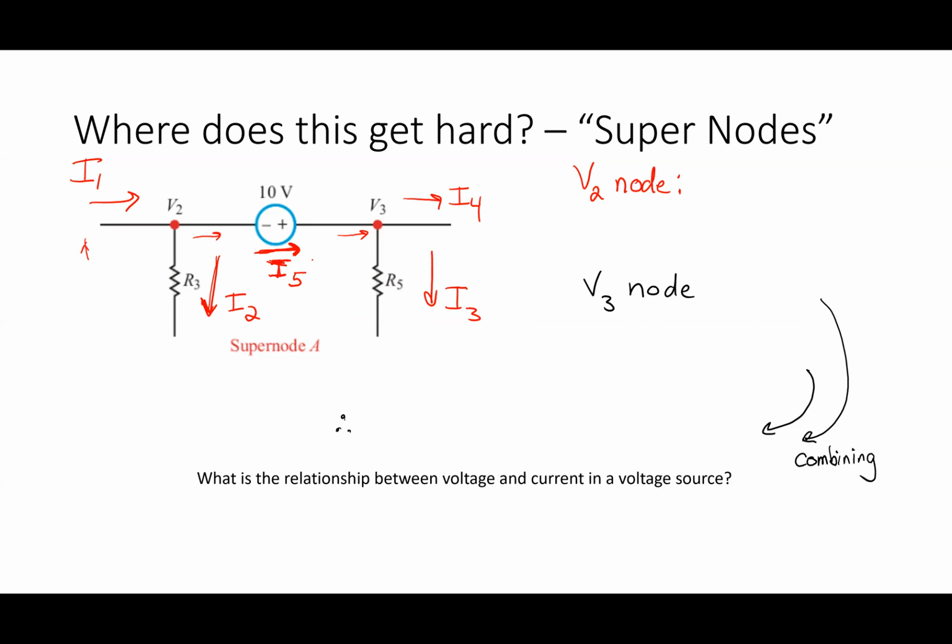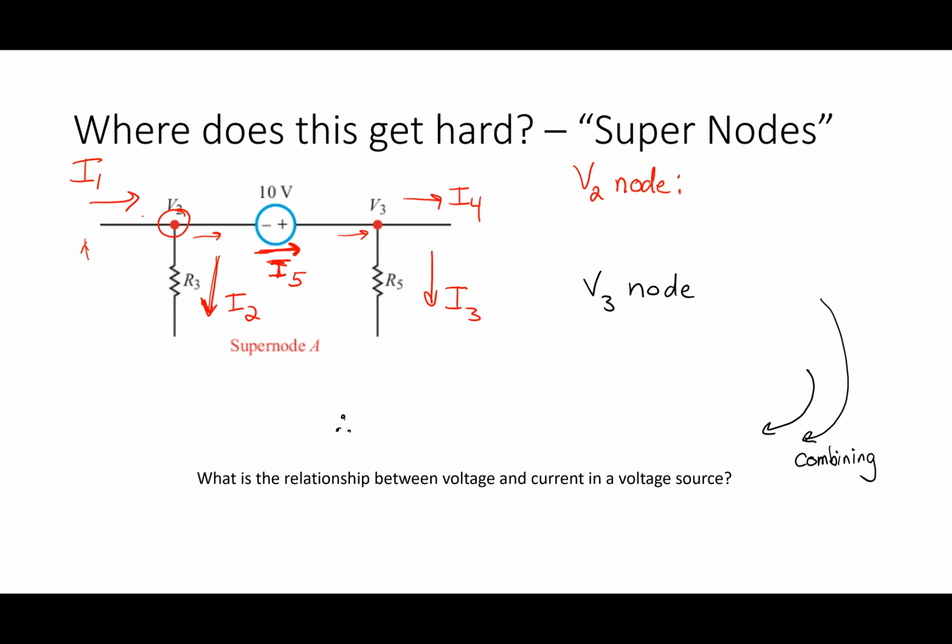So at the V2 node, in terms of the currents, the 3 currents I have there, I1, I2, and I5, what would be my KCL relationship? So at node 2, what would be the KCL right there?